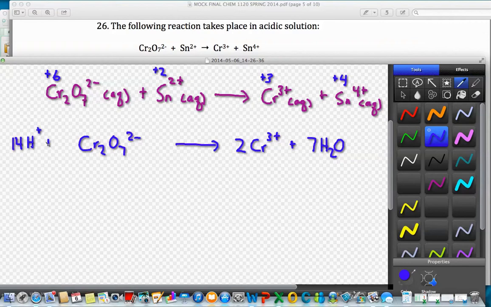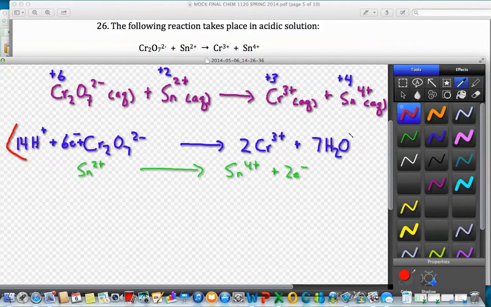And finally, I'm going to need 6 electrons. +8 charge, +6 charge, +6 charge. The Sn is much easier to handle. Sn2+ yields Sn4+ plus 2 electrons.